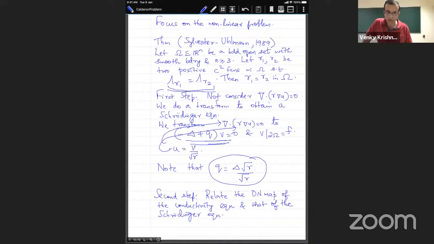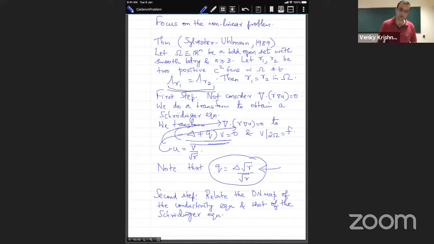I'm not going to show this, but it's not very hard to show that for Q which are conductivities of this form, this is a well-posed problem. In other words, minus Laplace plus QV with V on the boundary being an F in H half has a unique solution.